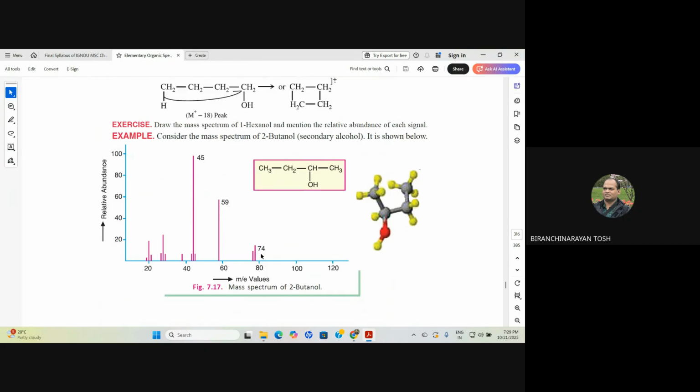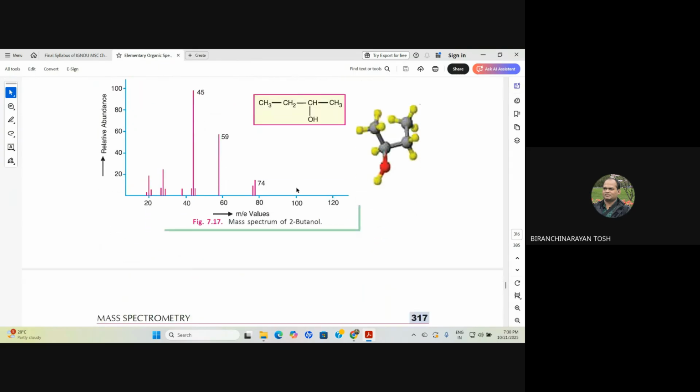Already we have discussed this. Then how do the various fragmentations occur? What other peaks are we getting, at 45 and 59? Again, the difference is 14, so CH2 fragmentation occurs. So what are the different fragmentation processes given here?